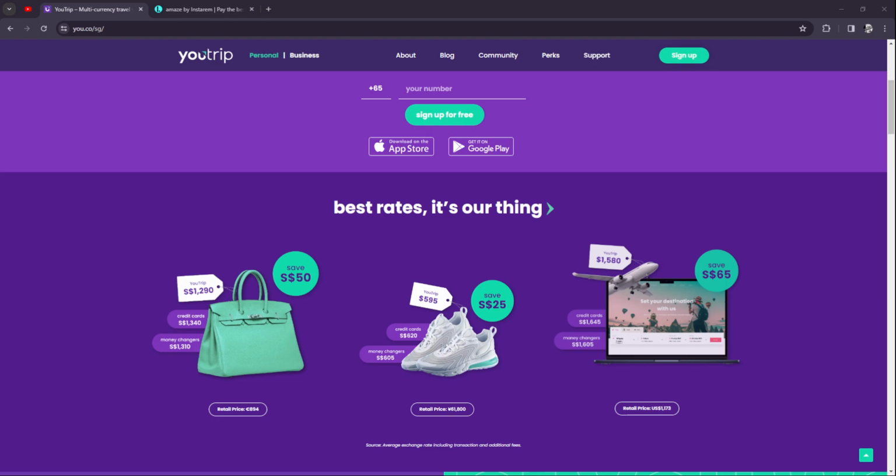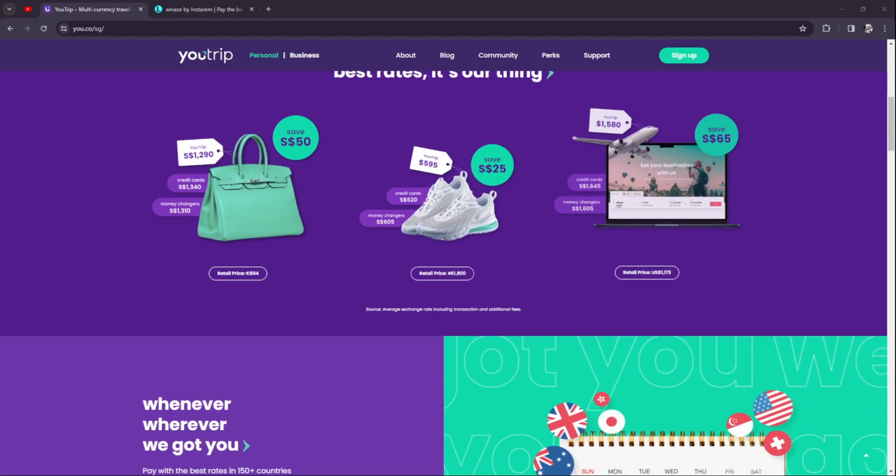Now, moving on to the travel benefits that you get from YouTrip, they are actually well tailored towards travelers, providing features such as travel insurance and perks for international spending. Because, as per experience, it's one of the biggest dilemmas, most especially if you're an overseas worker.